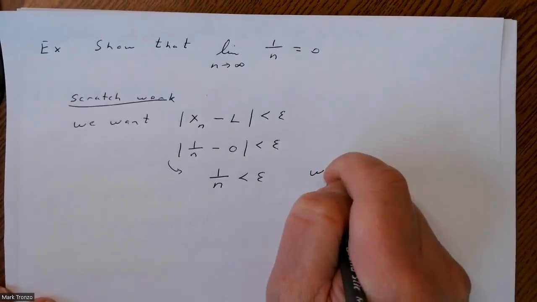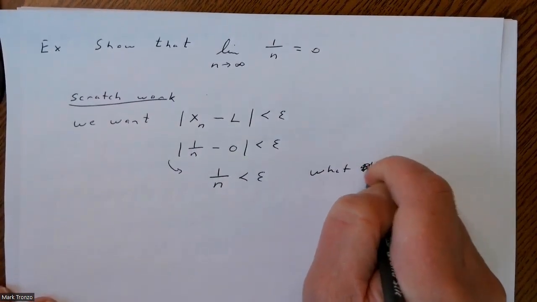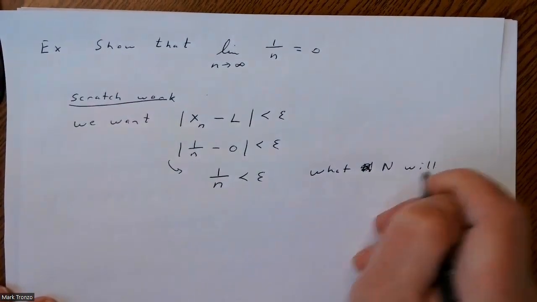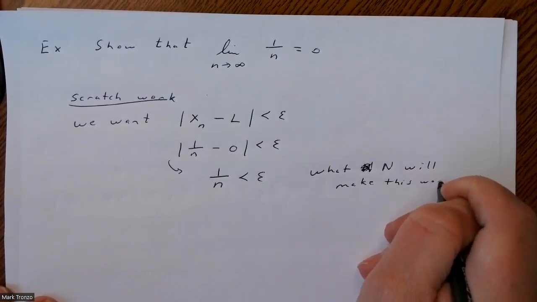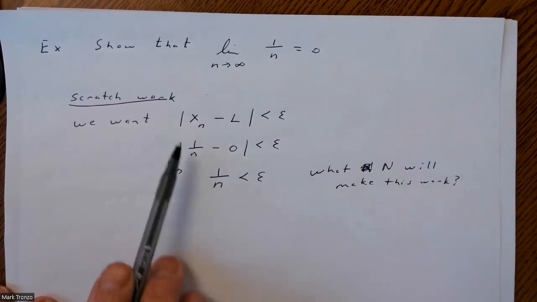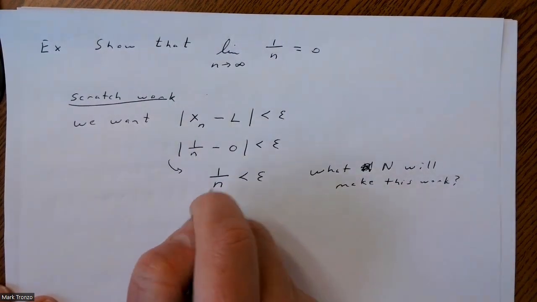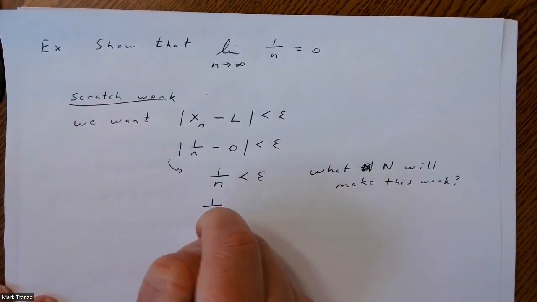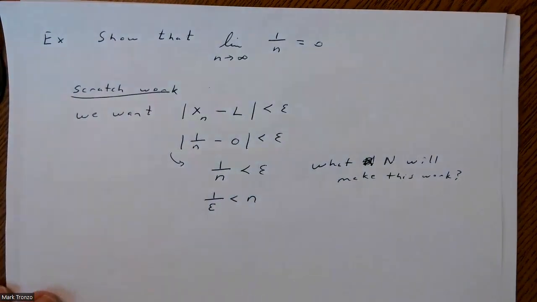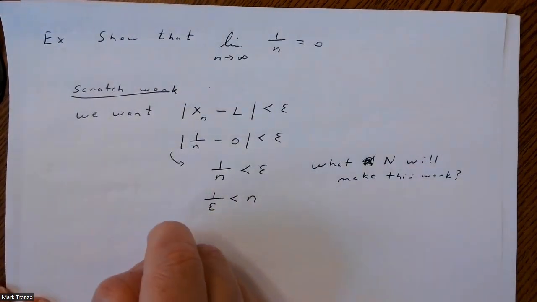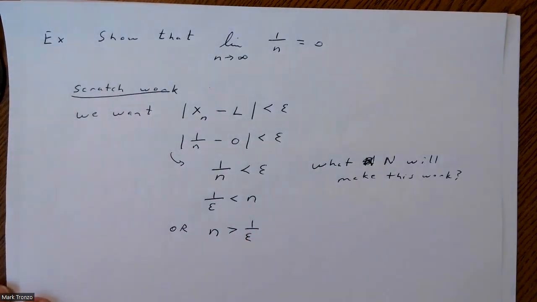So what capital N will make this work? And so we're doing this, and then just rewrite this. And we can say cross multiply, and have this. Or if you want to write it a little bit nicer, make N greater than 1 over epsilon, like this.